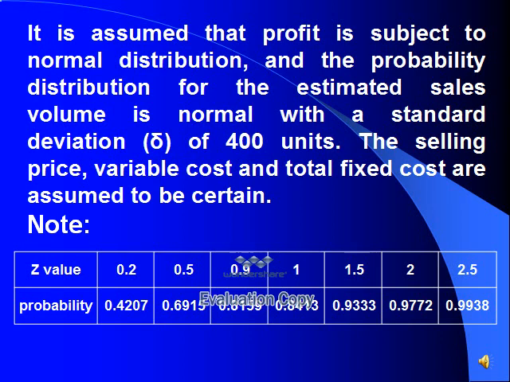It's assumed that profit is subject to normal distribution, and the probability distribution for the estimated sales volume is normal with a standard deviation sigma of 400 units. The selling price, variable cost, and the total fixed cost are assumed to be certain. Note, there is a table containing Z value and its probability.